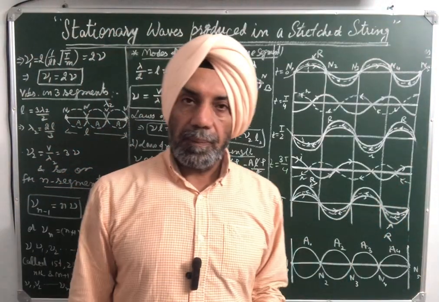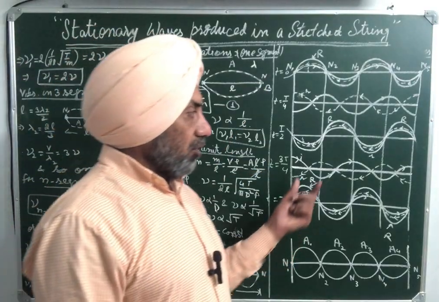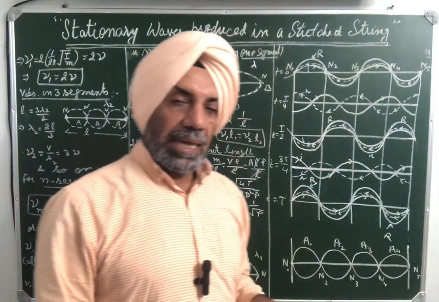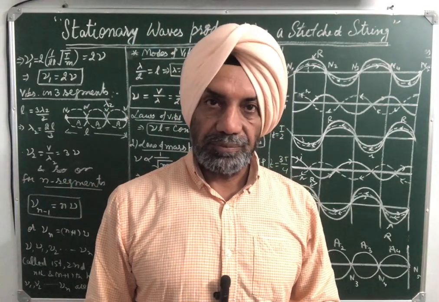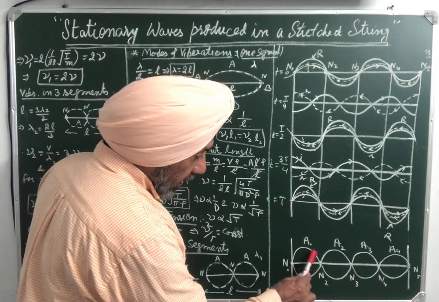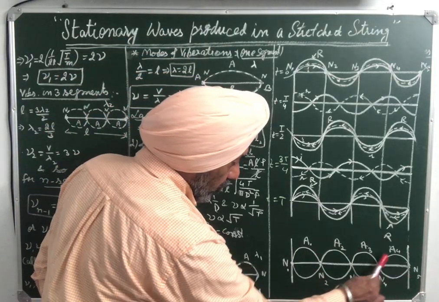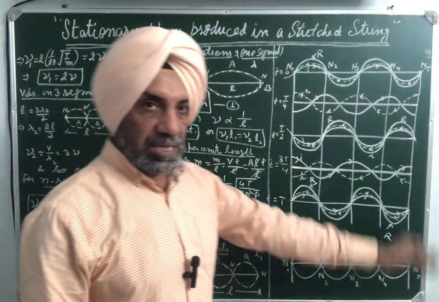We see from this graph that during the formation of stationary waves, crests and troughs disappear and appear. As a result, we will see loops like this, number of loops. So there will be 4 loops if we have taken 4 points.